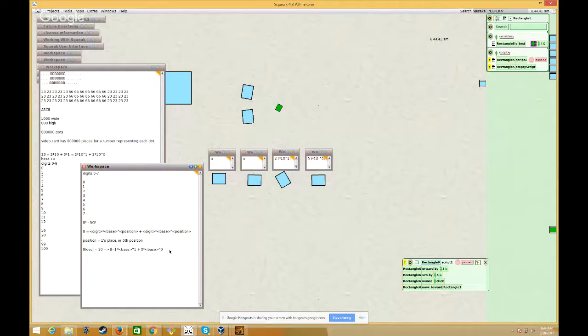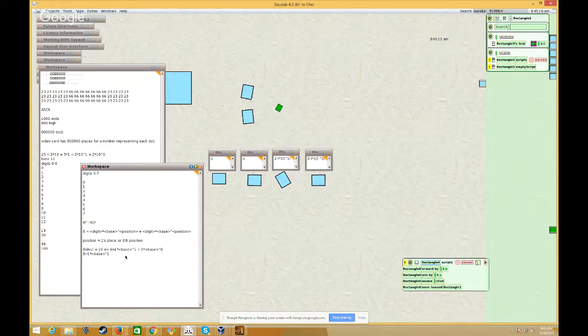So 8 is equal to some base to the first power plus 0 times base to 0. Well, 0 times anything, base could be 10 million, will always be 0. So I can just ignore this part of the term. And I can say 8 equals 1 times base raised to 1.